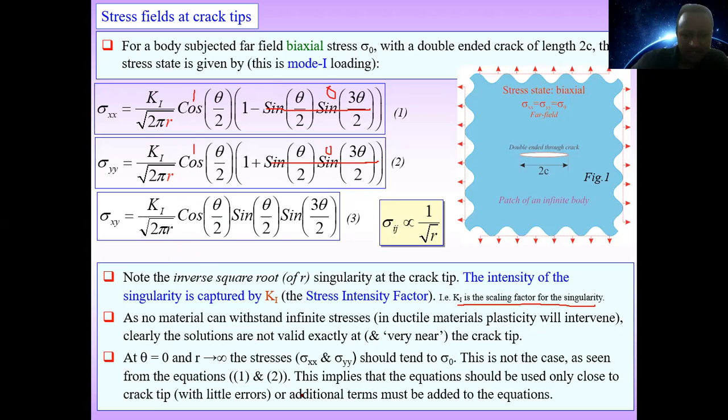So finally, do we get sigma naught? This is not the case, as seen from equations 1 and 2. This implies that the equation should be used only close to the crack tip, with little error, or additional terms must be added to the equation. Okay.